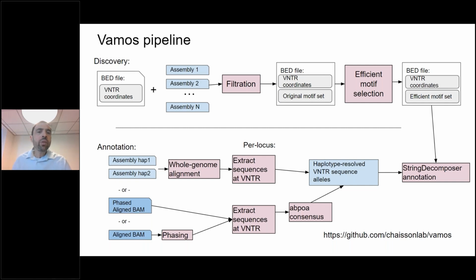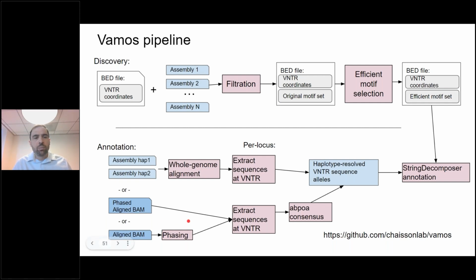And then for the future, the version of the software that's able to annotate new genomes takes as input essentially three different types of data. You can either give it haplotype resolved assemblies, which go through whole genome alignment, and then we annotate tandem repeat sequences per locus, or you can give it unaligned reads. So these are either phased aligned BAMs or aligned BAMs that aren't phased.